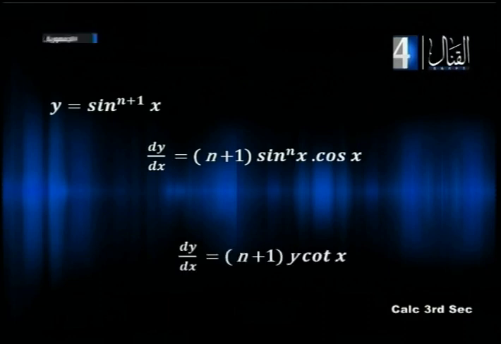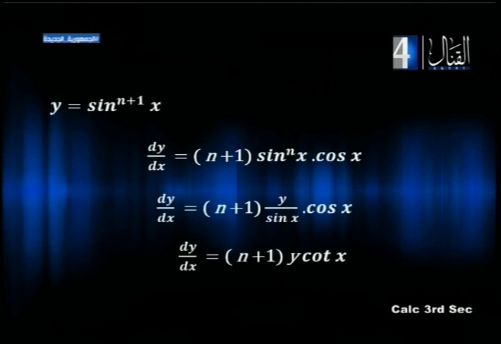Now dy/dx equals n plus 1 between two brackets multiply y over sine x multiply cosine x, y over sine x, which is sine x power n. Then dy/dx equals between two brackets n plus 1 multiply y multiply cotan x.